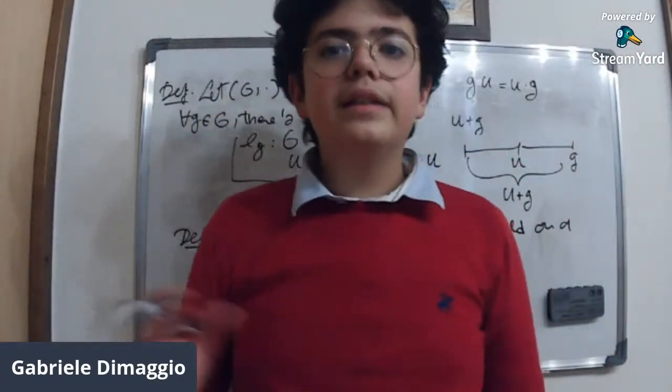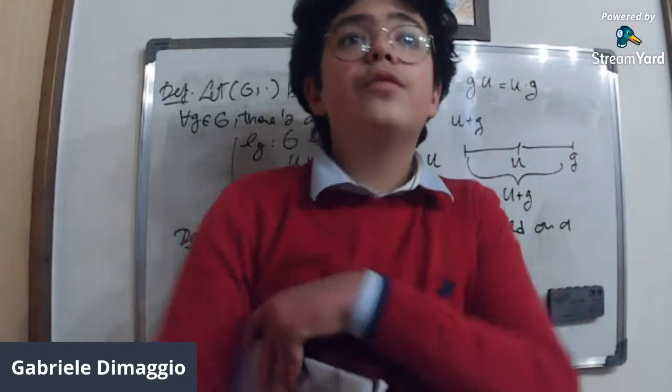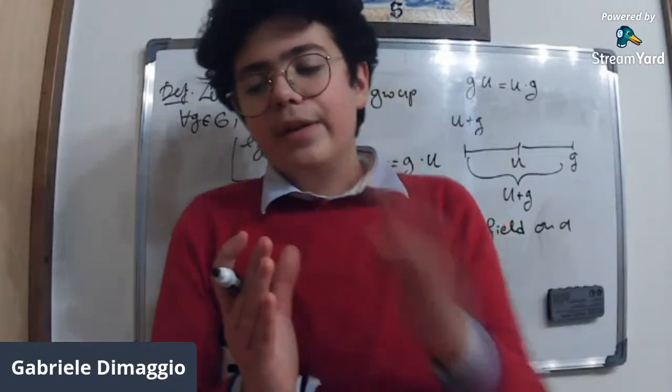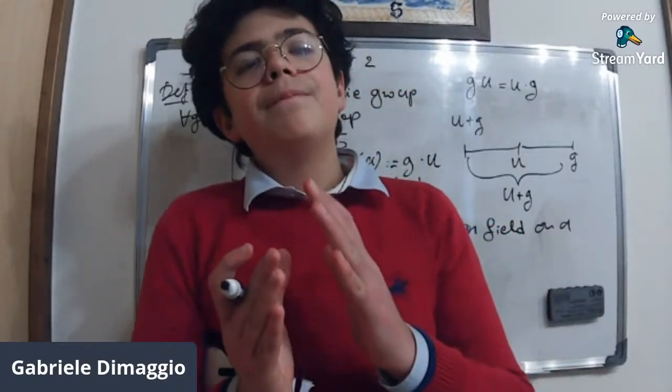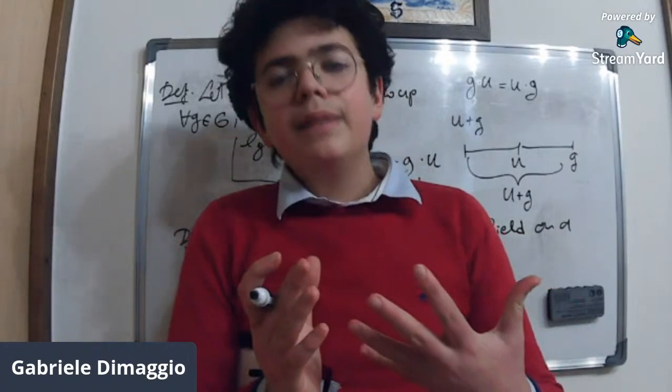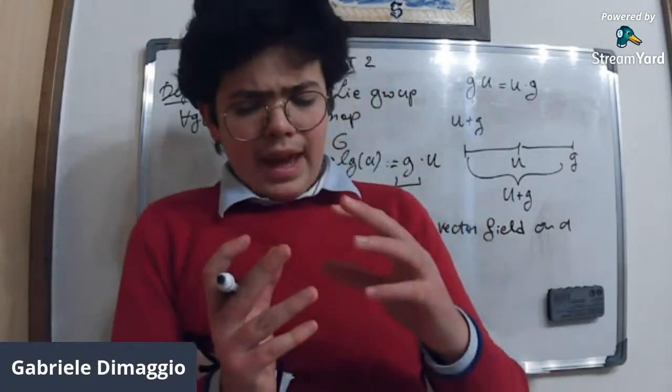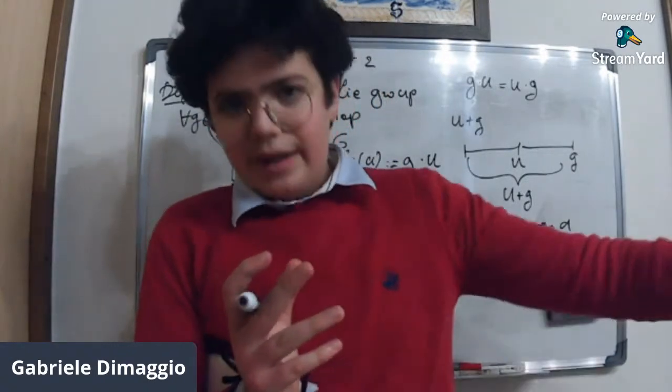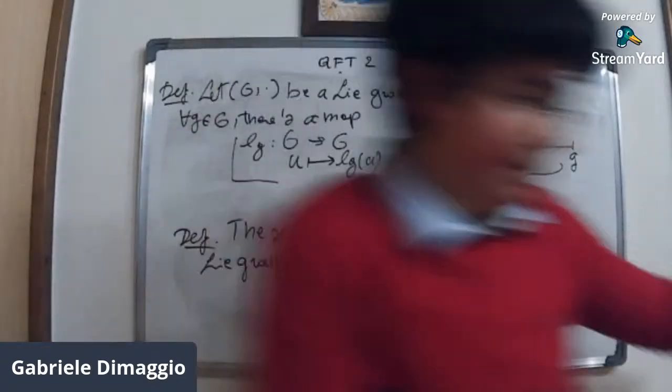So what is a Lie algebra? A Lie algebra is a set of vectors. It's a vector space, and these vectors are left invariant vector fields.